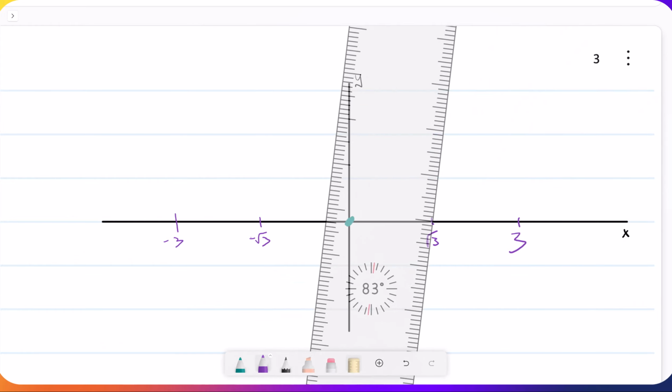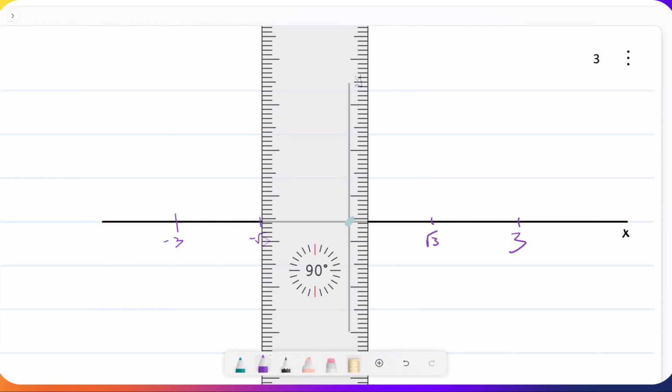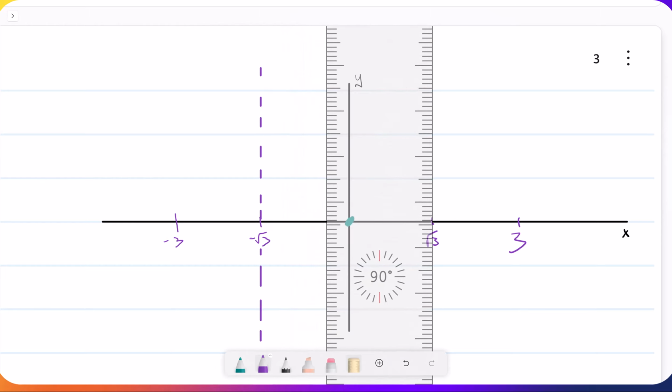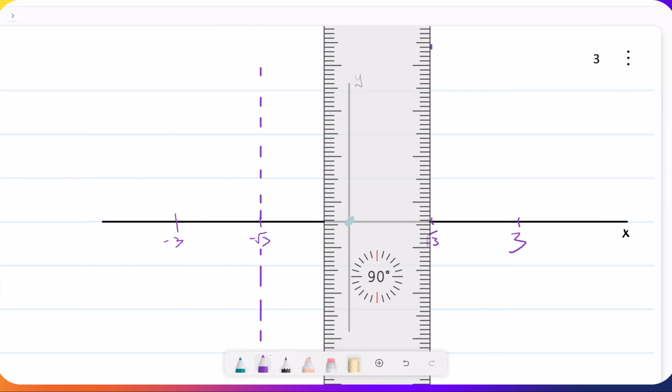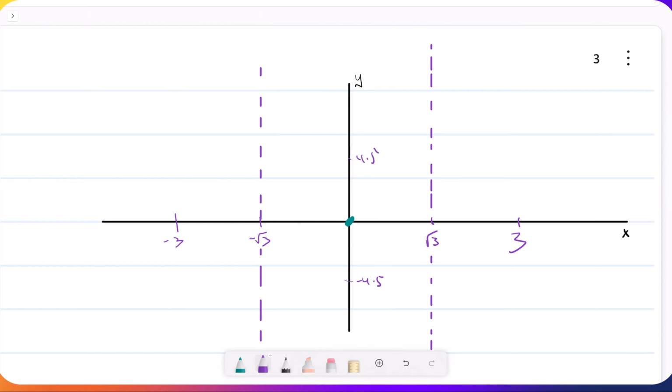This right here is a point, -3, -4.5, which we said was a max because it's concave down. Then we have +3 and +4.5, which we said was a min because it's concave up over there.